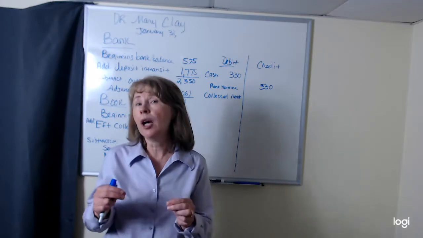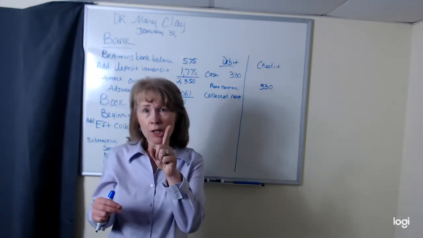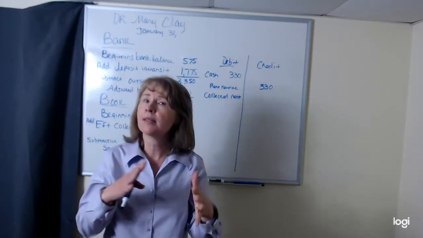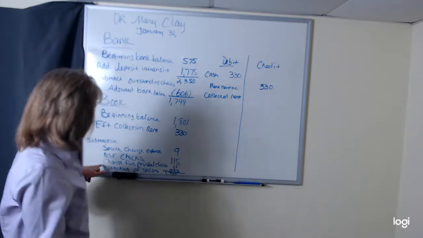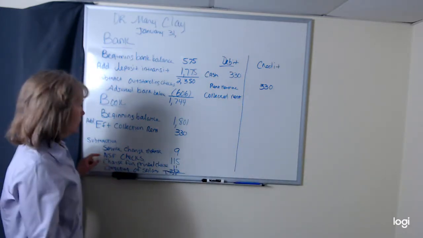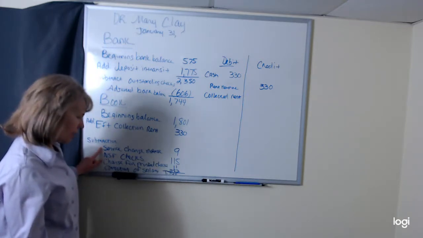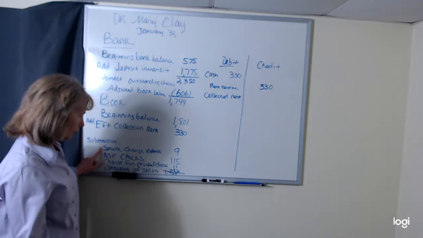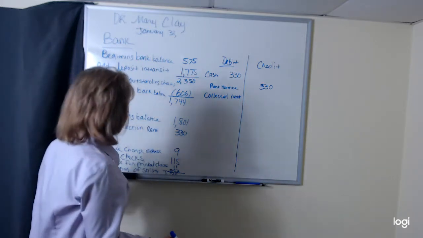So you can lump those together and make one entry. That's not a compound because your debit will equal your credit. You're not going to break that out. So we could put that to miscellaneous expense. So I go over here and I add the 9 plus 11, and that's going to be 20.